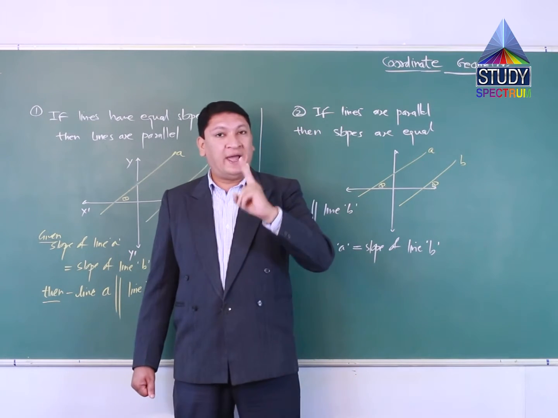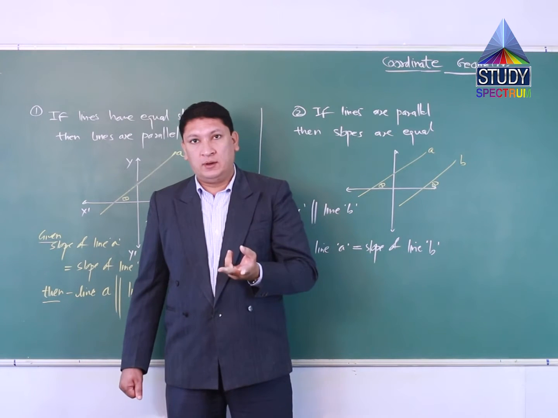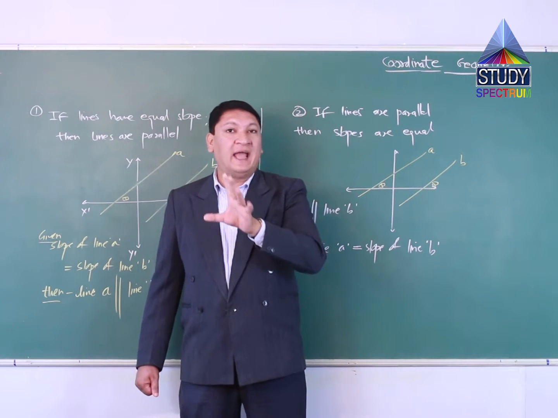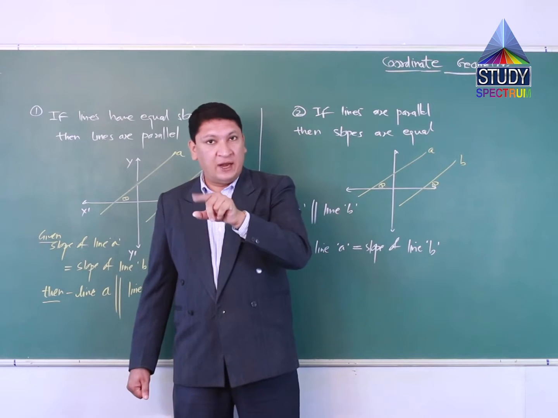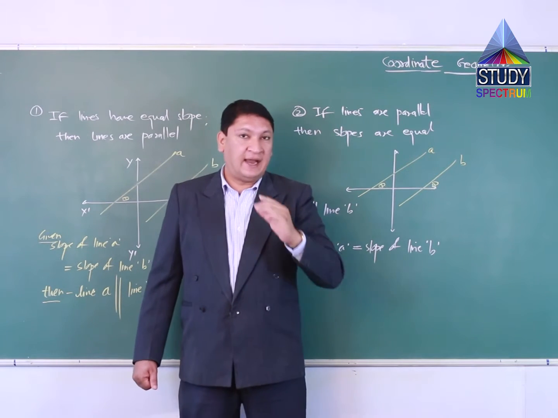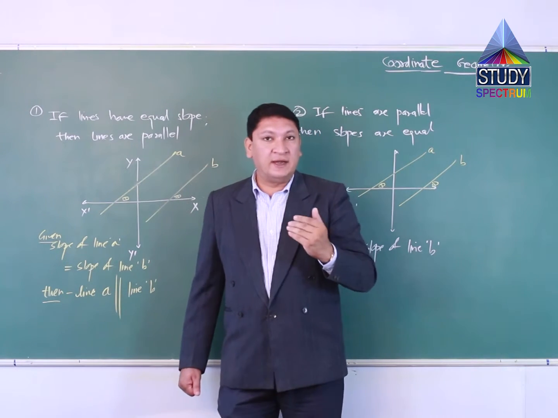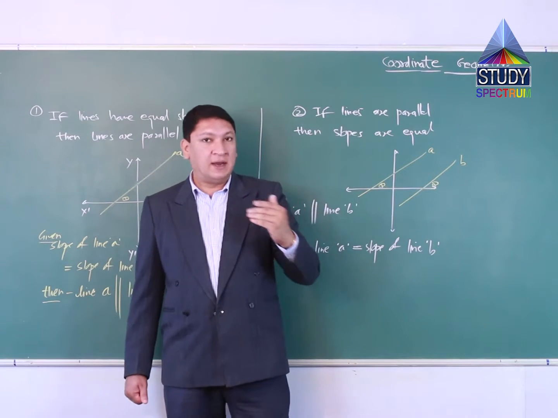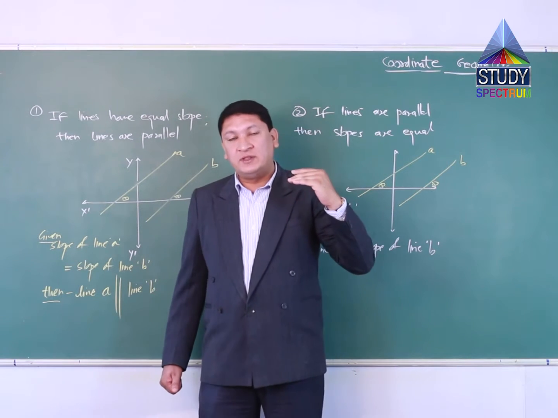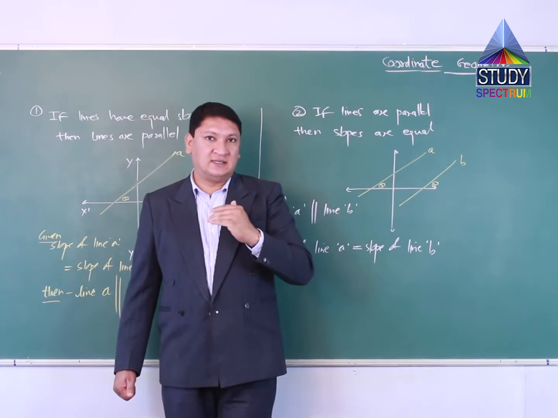Converse, when two lines are parallel, their slopes are equal. Slope is nothing but tan of theta, the degree angle of that line. That is your slope. Before that we did inclination. Inclination is nothing but the angle a line forms with the positive side of x-axis. Clear?